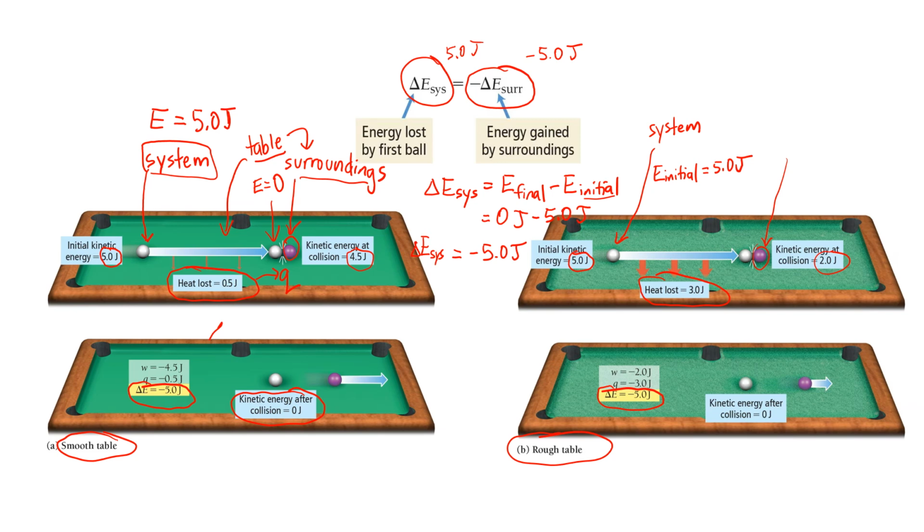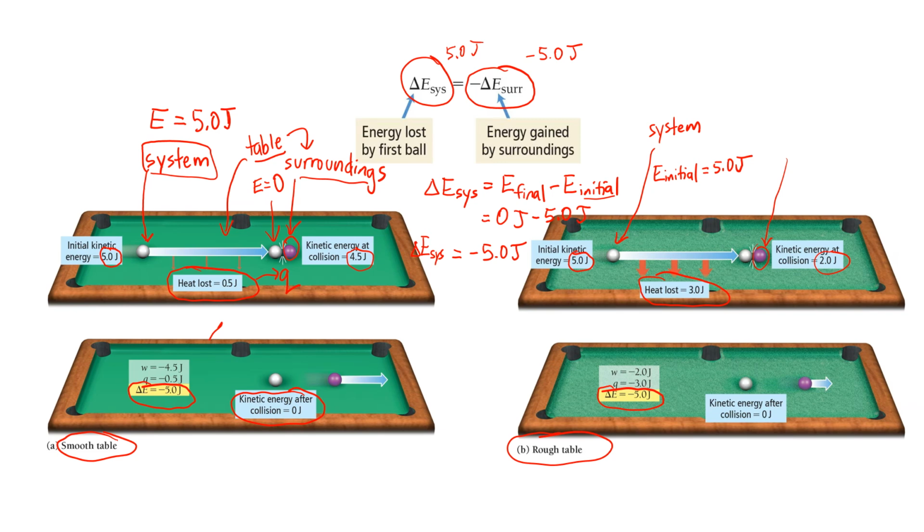Another thing we realize here is that no matter what path was taken, right? Smooth table, rough table, right? 2 joules of energy is work, 4.5 joules is work. The path doesn't matter, right? How the energy was lost or gained, it does not matter. Bottom line is we started with 5 and we ended with 0 in both cases.